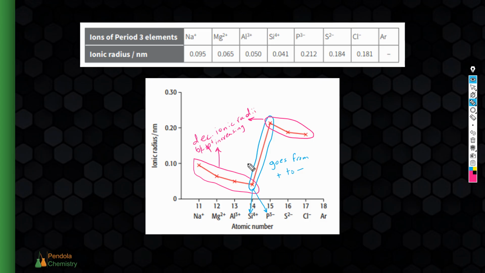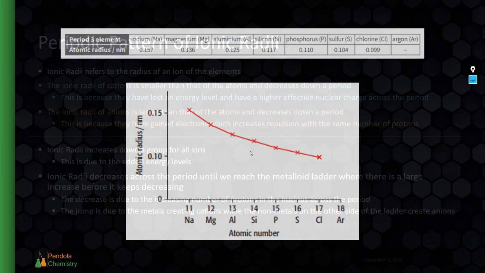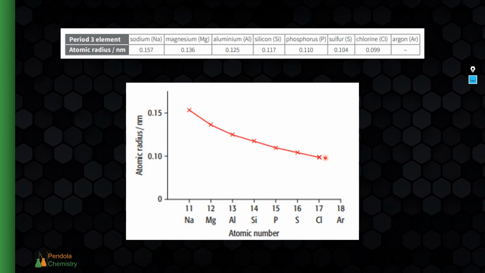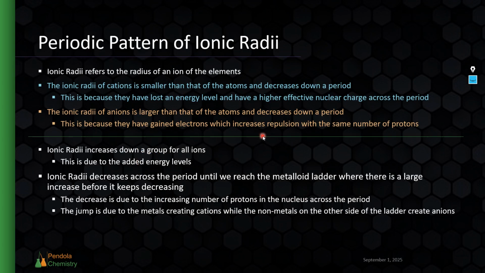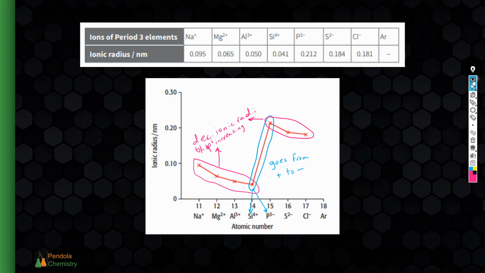So it's very much like our atomic radius trend, but there's now an increase in the middle between silicon and phosphorus, or between the metalloid and the non-metal, that is caused by the difference between anions and cations being created.